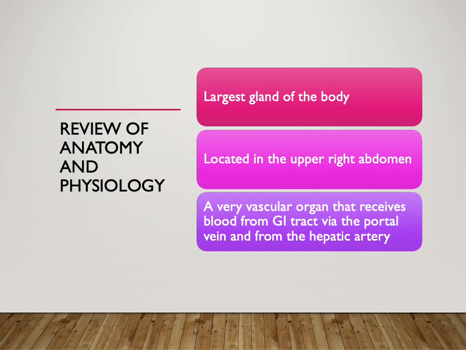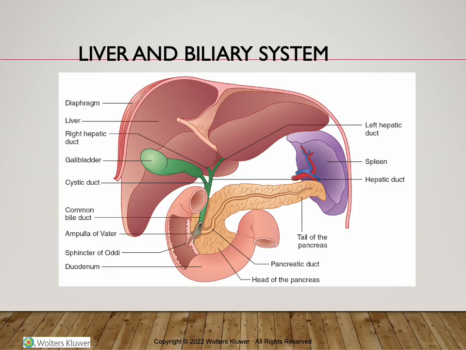However, I think people fail to realize all the cool things that the liver does until it's broken and then it's not doing any of those things anymore. So let's keep going. Here is a quick overview picture of the liver and pancreas and gallbladder and where all that stuff hangs out together. So just kind of an overview if you don't remember. Hopefully you had anatomy and you do.